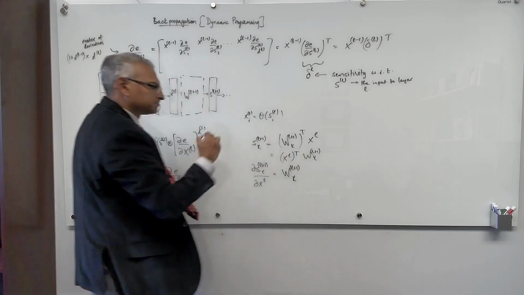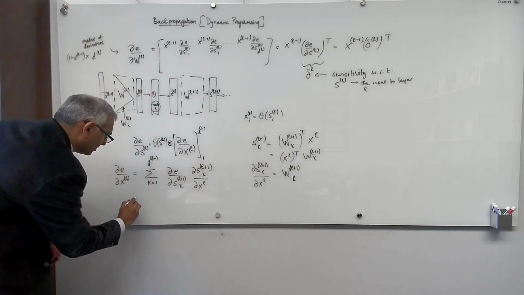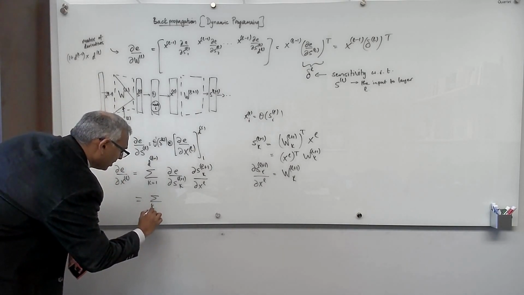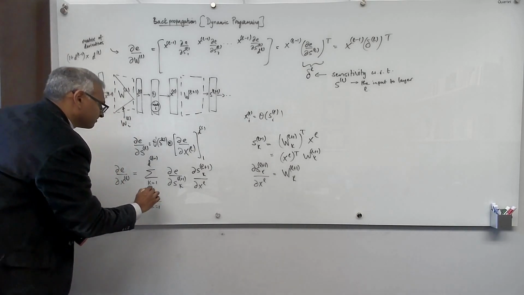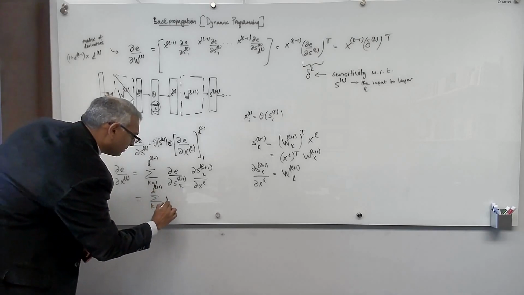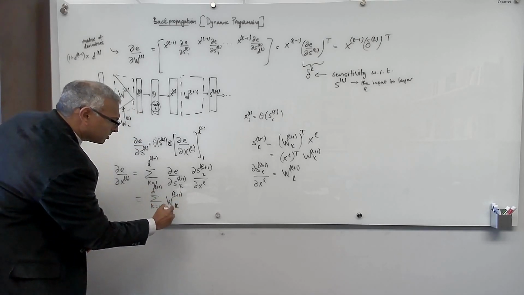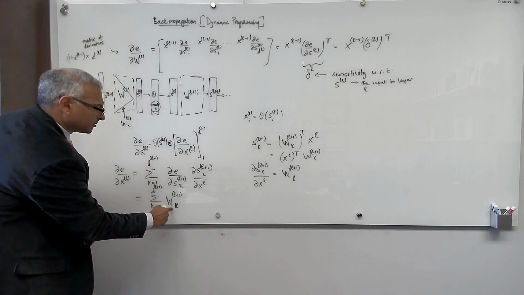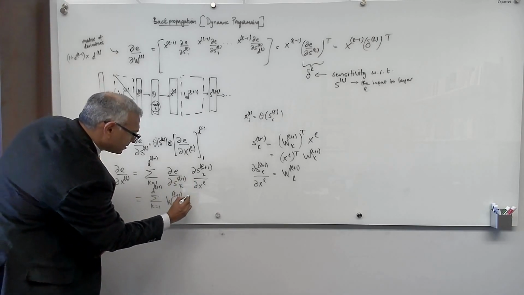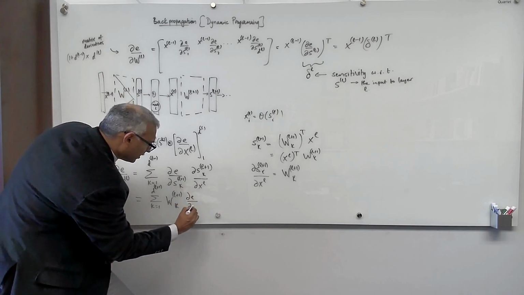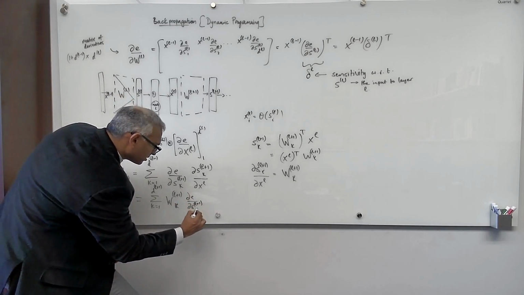Okay, so here I end up with the sum from k equals 1 to d of W_{L+1, k}. This is the kth column of W_{L+1}, times dE/ds_{L+1, k}.